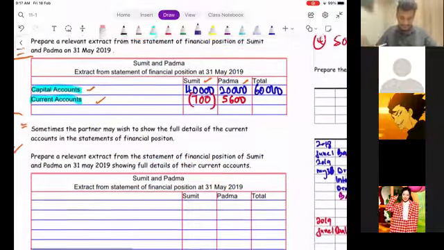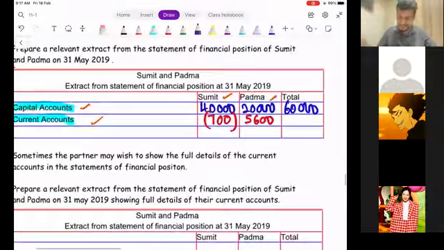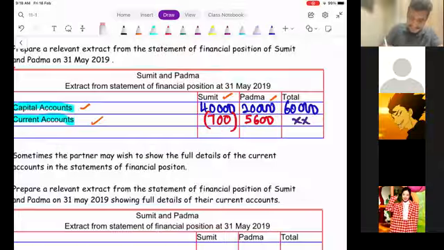Okay, so now how much is the answer here? Let's test your mathematics. How much is the X? Negative 700 plus 5,300, 5,600.